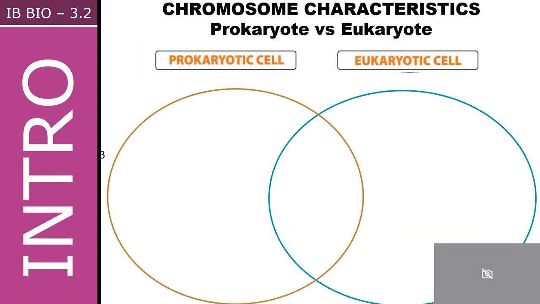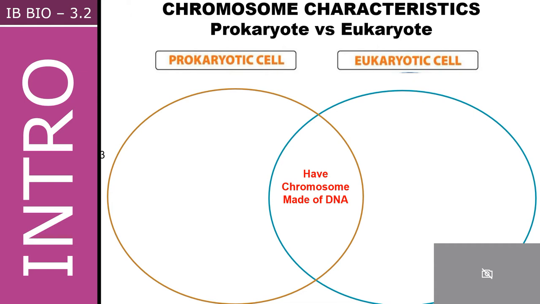Okay, so if we can then compare chromosomes in prokaryotes and eukaryotes, what they both have in common is that they both have at least one chromosome of DNA. So that is true whether you're bacteria or you're anything else. So prokaryotic and eukaryotic cells both have chromosomes made of DNA. Remember, that genetic code is universal.